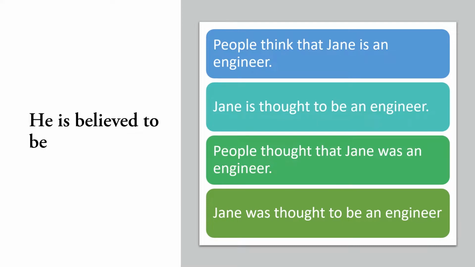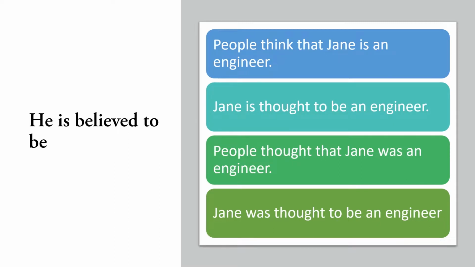We add the verb to be that goes with think. Think is in the simple present, so in the simple present we have is, plus the past participle of think, which is thought, plus the infinitive of the main verb that comes after the subject of that.